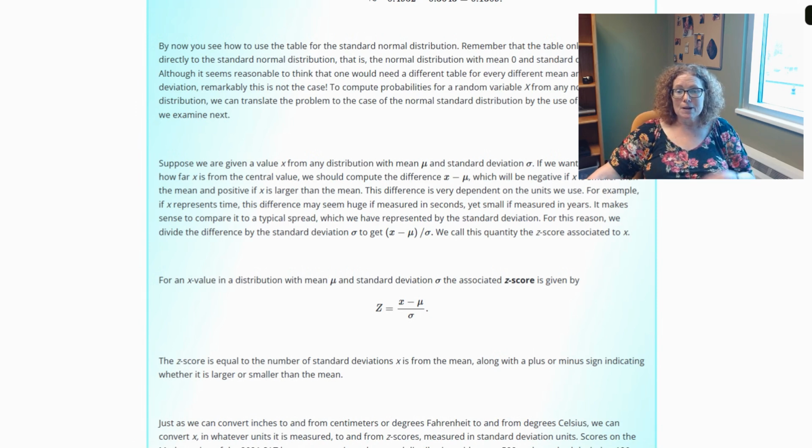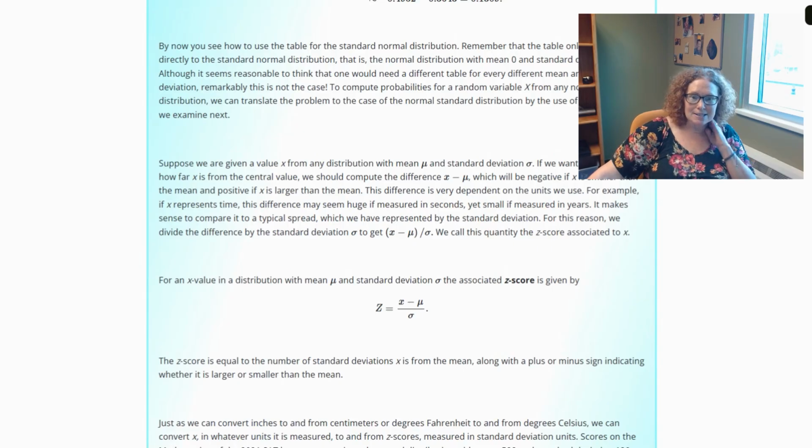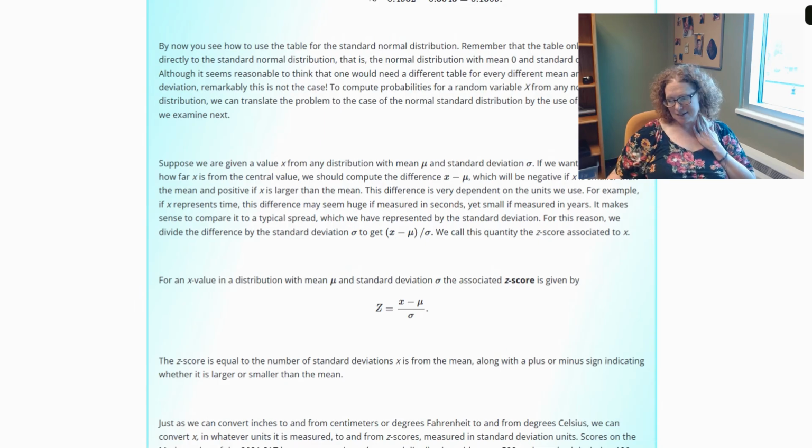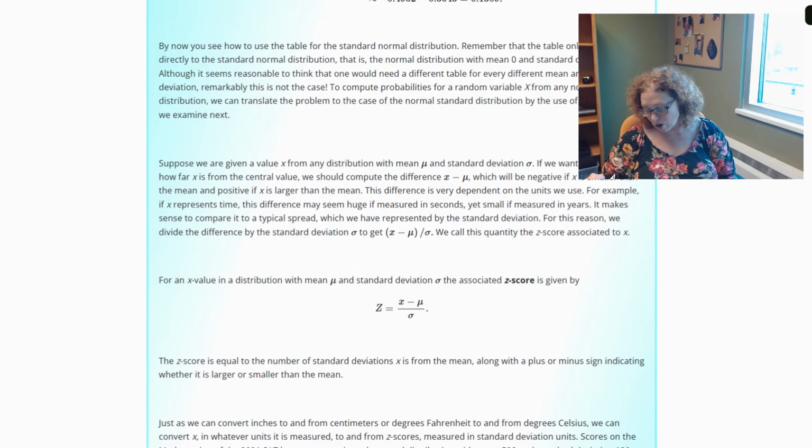If we want to measure how far x is from the central value, then we're going to compute the difference, x minus the mean. You've seen this before. It will be negative if x is smaller than the mean and positive if x is larger than the mean. So that's something to keep in mind.